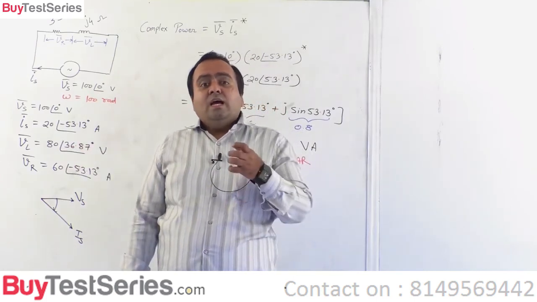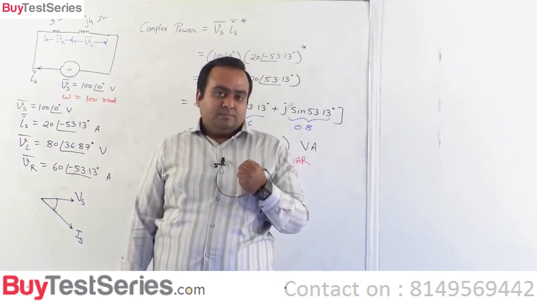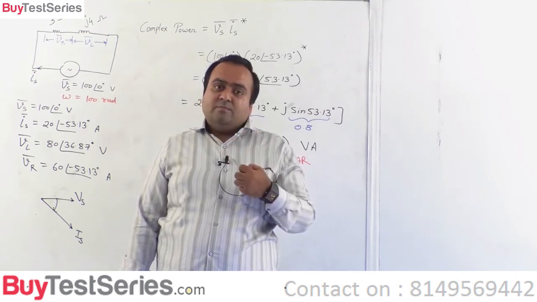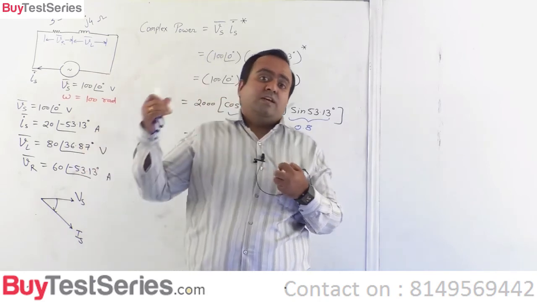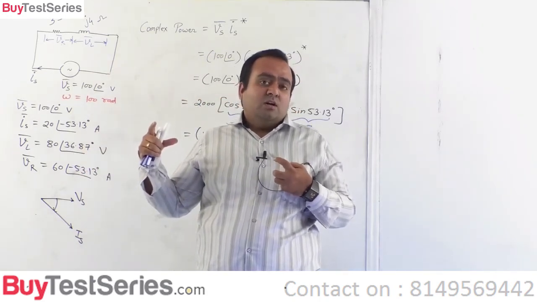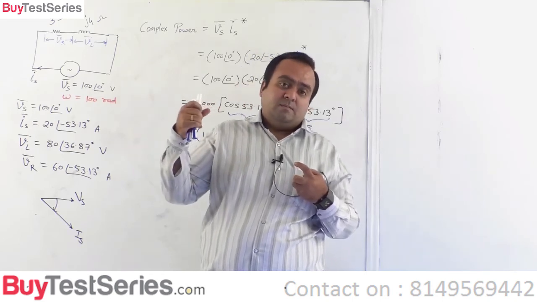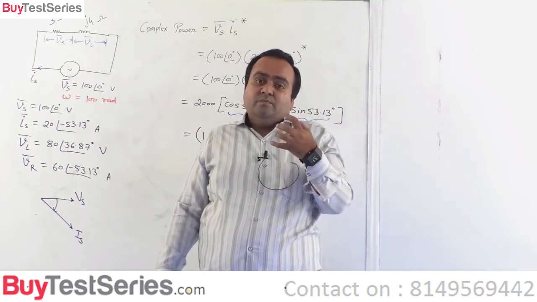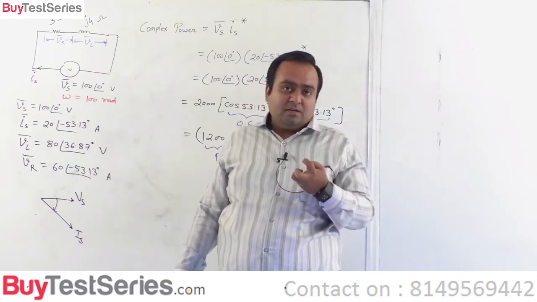So the nature of a load is that it always absorbs power, right? An inductor absorbs reactive power, but a capacitor, which is although a part of the load, is a source of reactive power. So for a capacitor, which is part of the load, we have to make the reactive power negative. And an inductor, since it absorbs reactive power, which is what a load is supposed to do, it is supposed to absorb power.